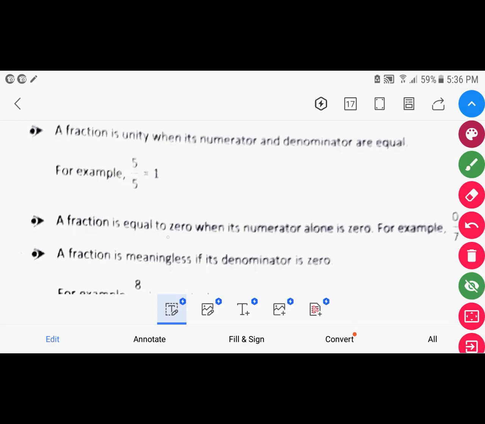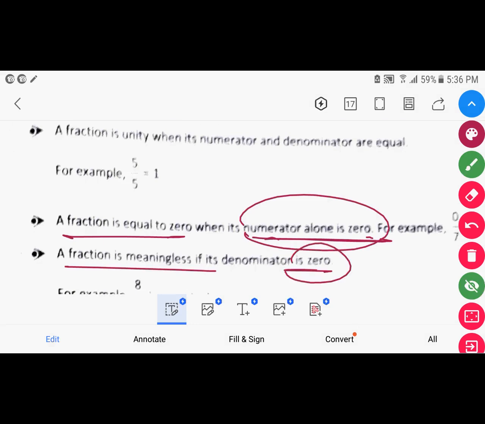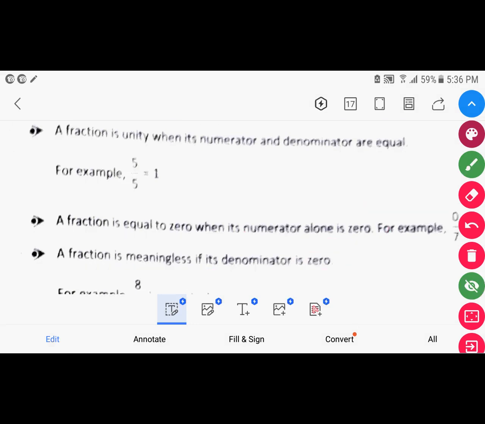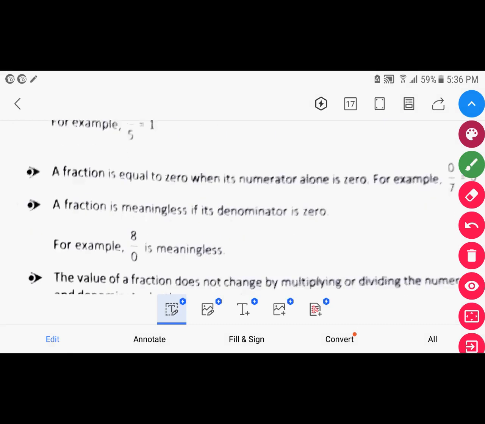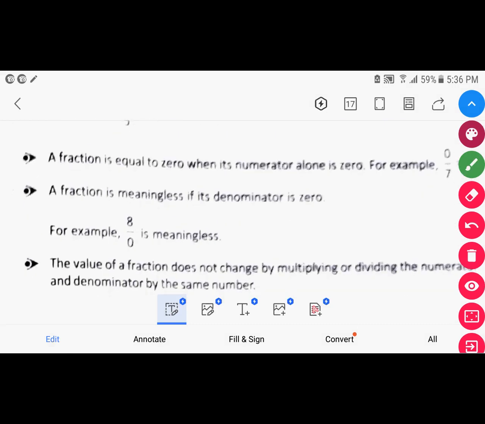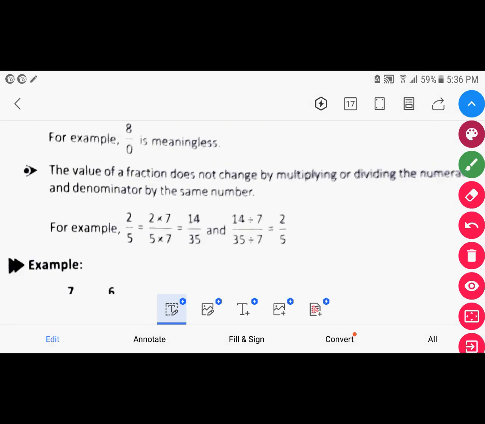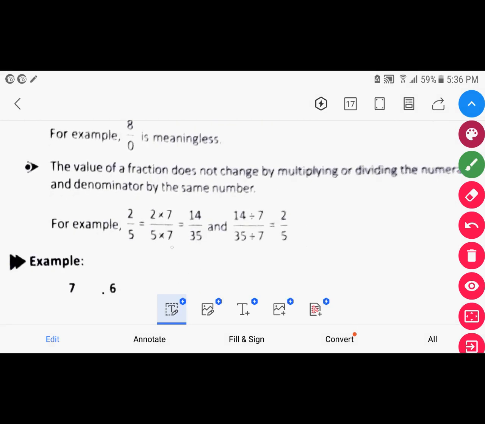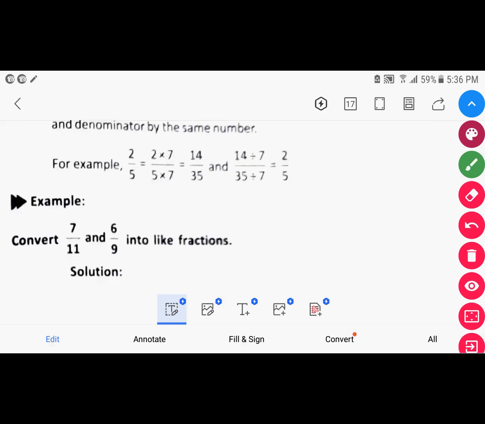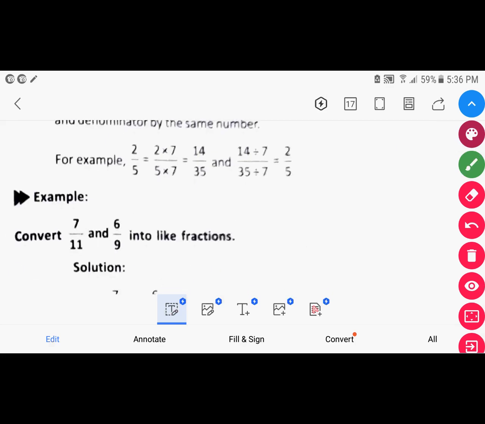Fraction is equal to 0 when numerator is equal to 0. Meaningless when denominator is 0. If numerator is 0, then the fraction's value is equal to 0. But if denominator is 0, then the fraction is meaningless. If numerator is 0, then its value is 0.